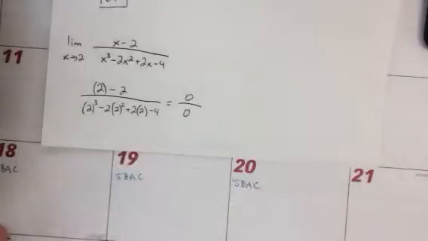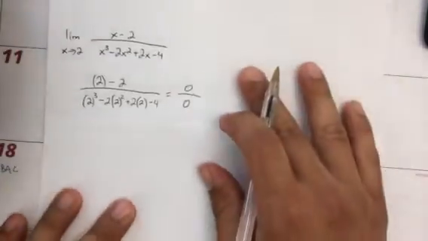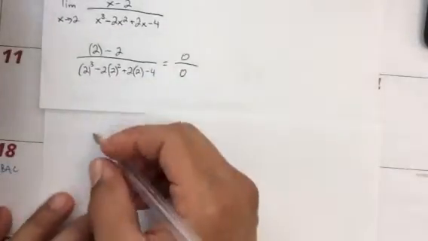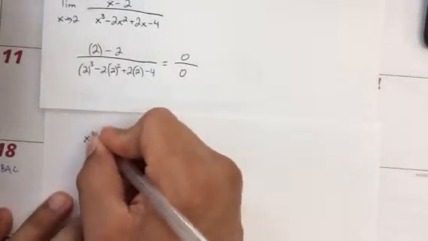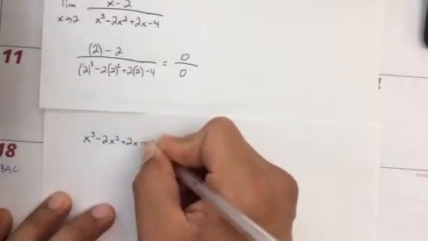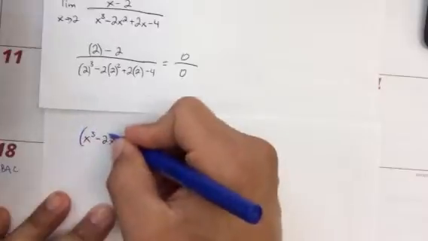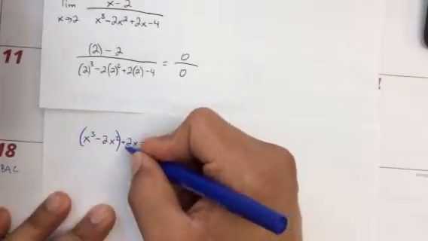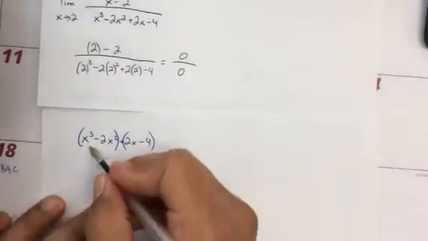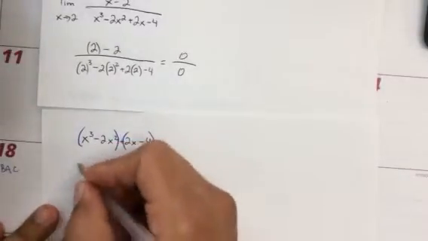For this problem, we're going to start by factoring the denominator. So x cubed minus 2x squared plus 2x minus 4. I can go ahead and group, and I can see that I can factor out an x squared from my first group here.